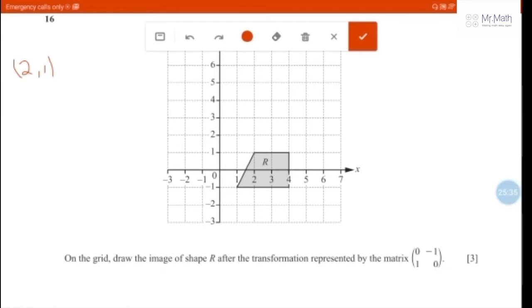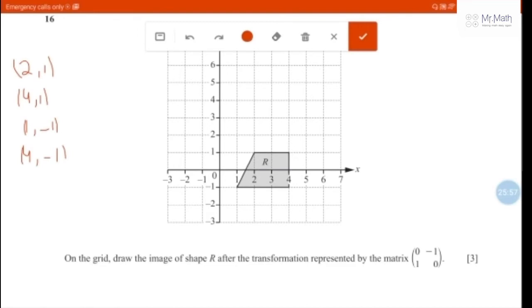The second one is 4, 1. The third one is 1, negative 1. And the fourth one is 4 and negative 1.